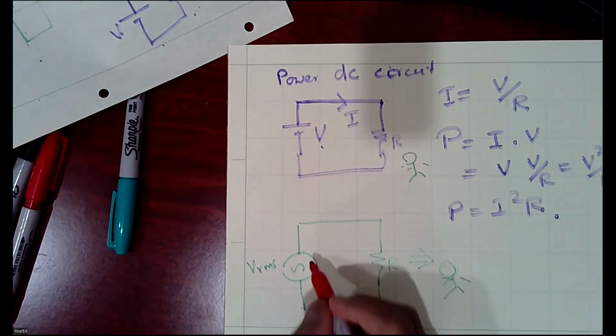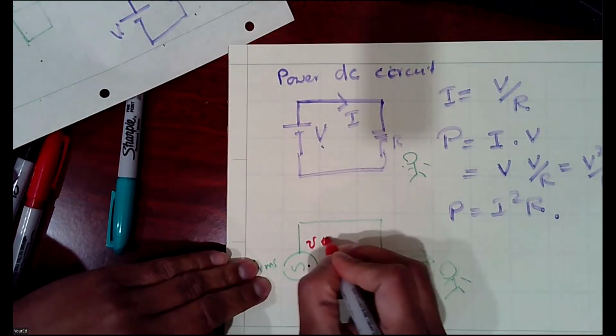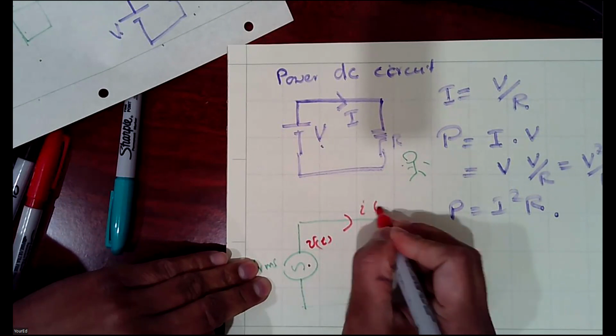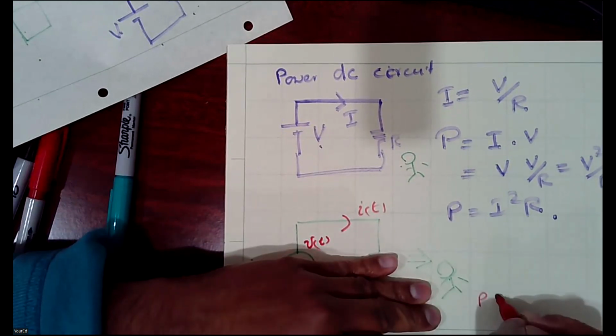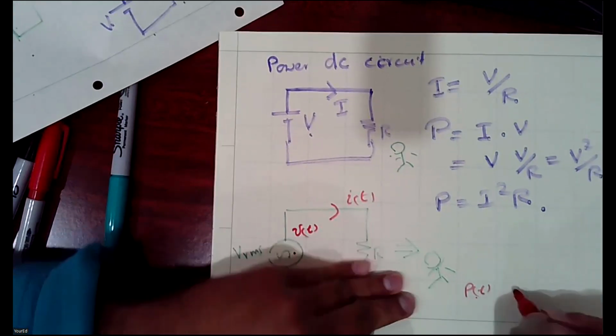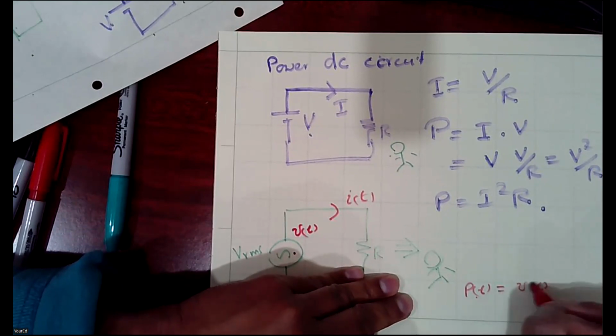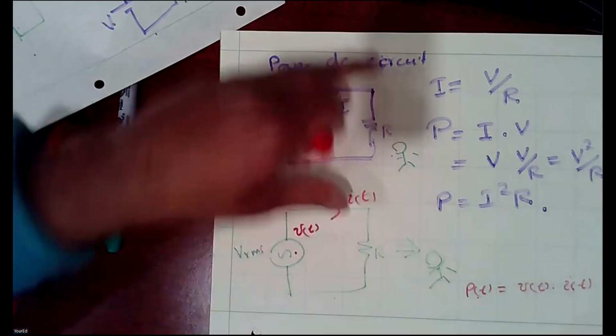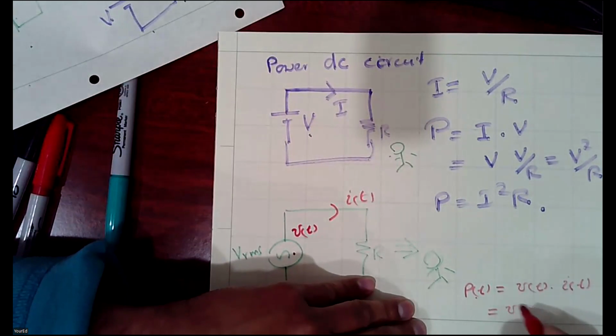Now, since this is AC, I can write Vt and current is It. So my instantaneous power, with time it's changing, I can write Vt, It. Or I can write Vt, current is voltage divided by resistance.